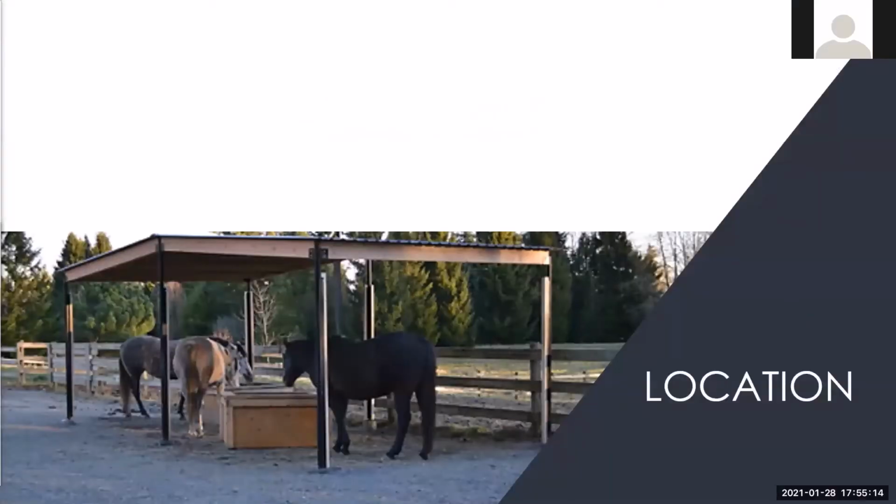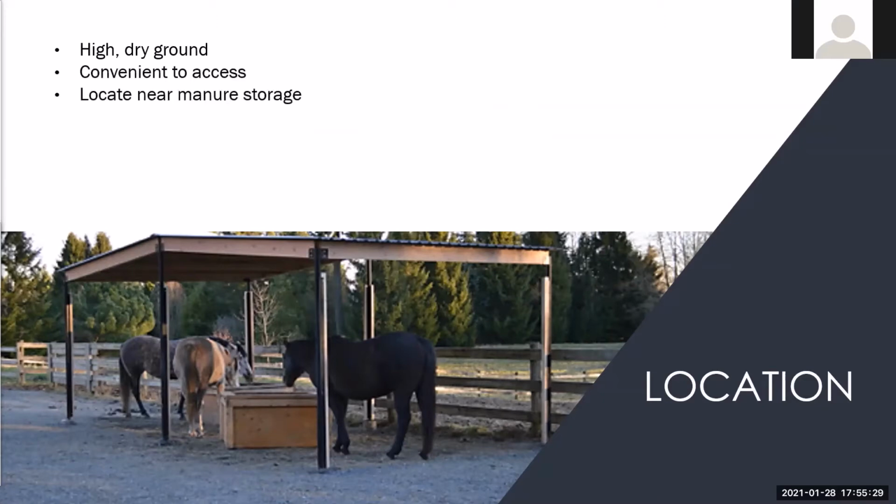When thinking about location, we always want to try to find an area that's higher, dry ground and convenient to access. Ideally we want to locate it near where we're going to store any manure that we pick up, so that it's chore efficient for you.